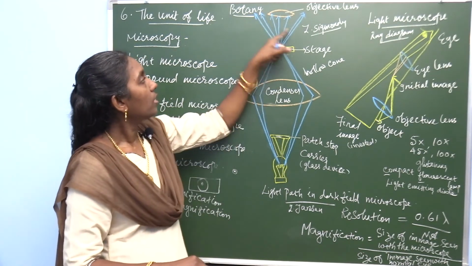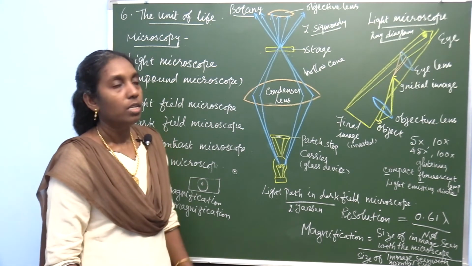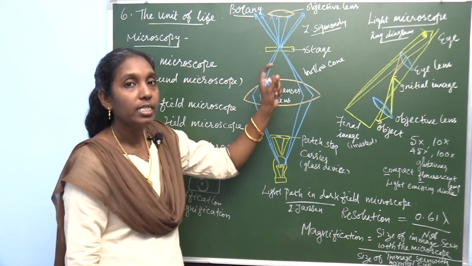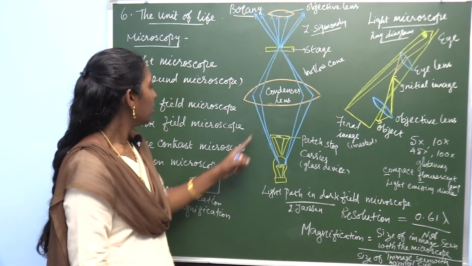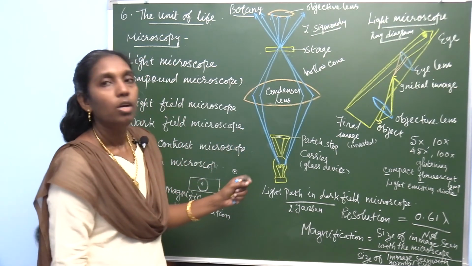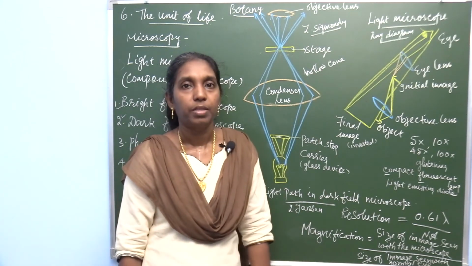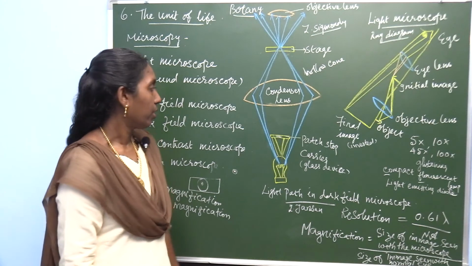So it focuses the images in the objective lens. Through this dark field, the object is glistening now. The simple method of this dark field microscope was explained by Zsigmondy.